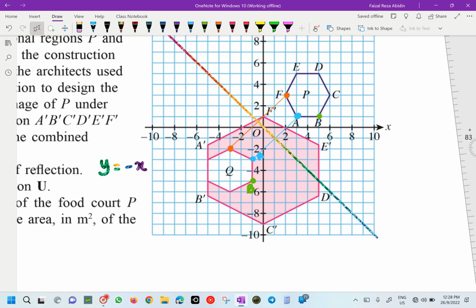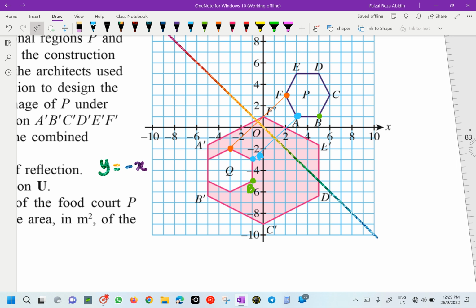Your point A, the blue one here, is enlarged to this one. B here is enlarged to this one. So it's going to be negative for your scale factor. Understand?